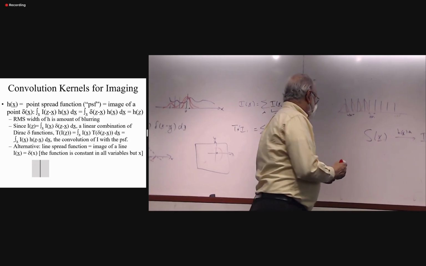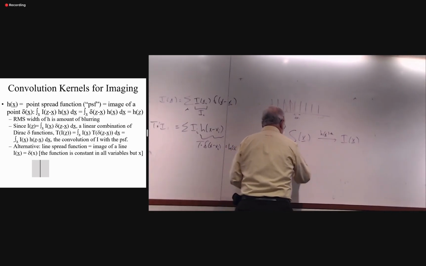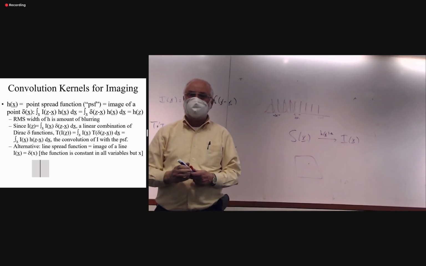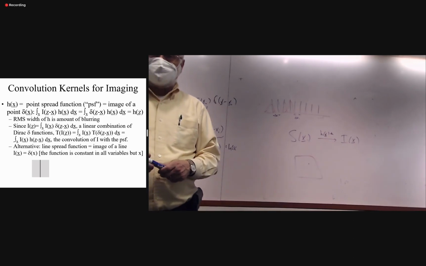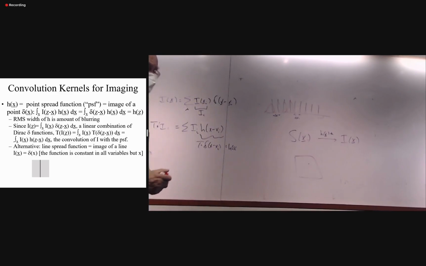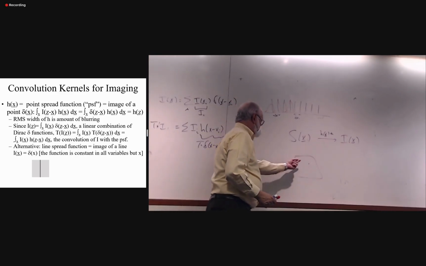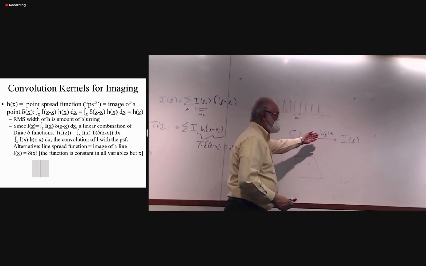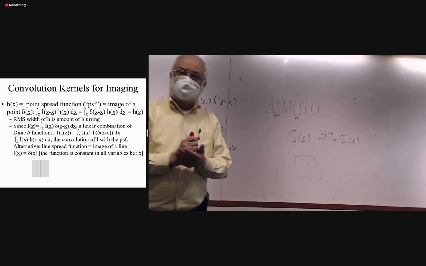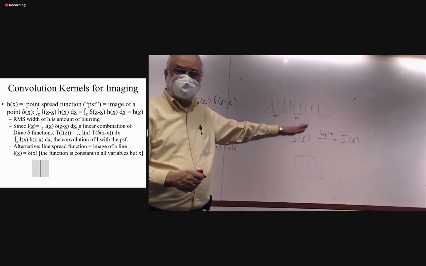You make an image. You put one bright spot of unit height there. You take a picture of it, and you look at that picture. I mean, you put that picture result into the computer, and that is h. Okay, so same idea. This input produces h.